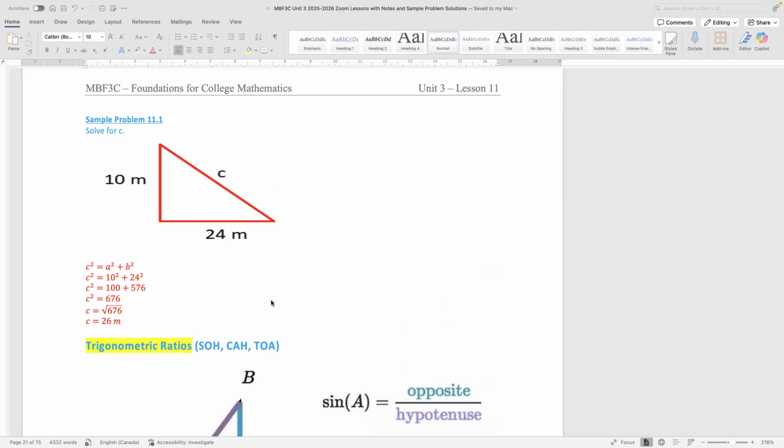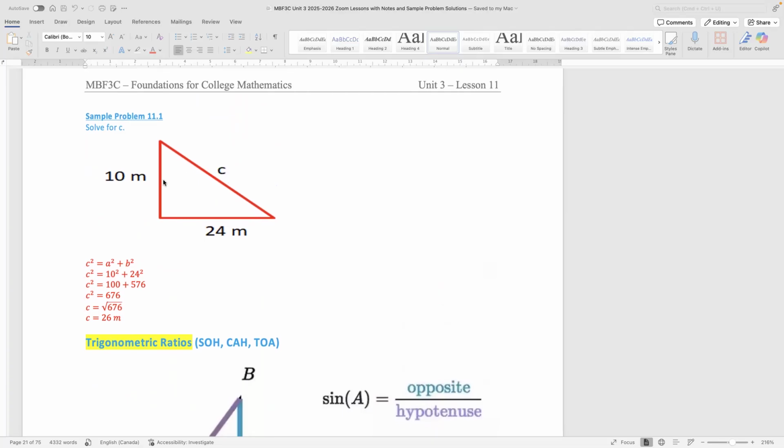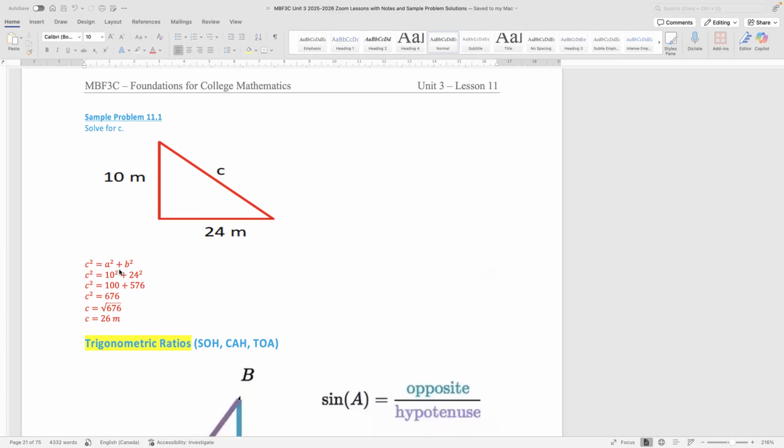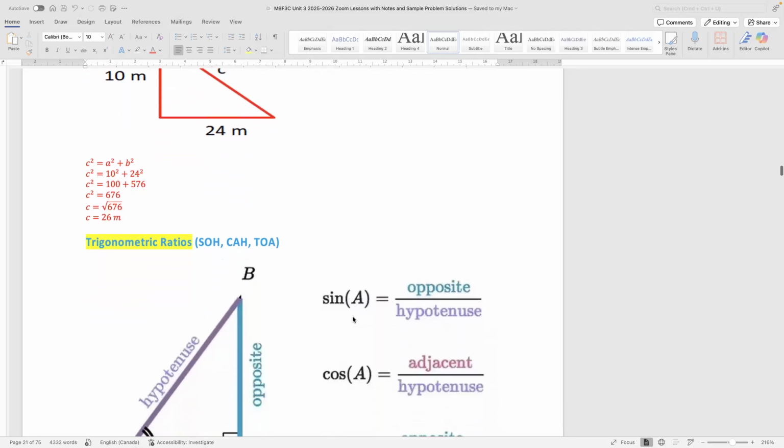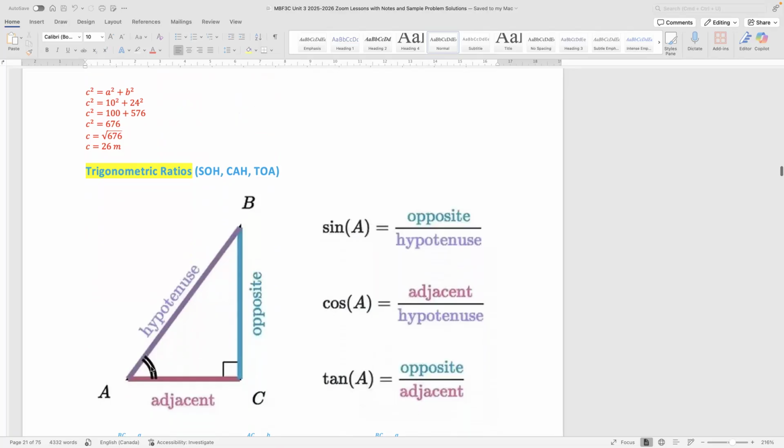Again, we looked at Pythagoras before this. The Pythagorean theorem can be used to solve for the length of a side of a right triangle if we know the length of two of the other sides. So if you know two sides, you can solve for the third side using the formula c squared equals a squared plus b squared. Trigonometry is handy in that we don't need to know two sides. Now, if we know two sides, then I can calculate the measures of all the angles too.